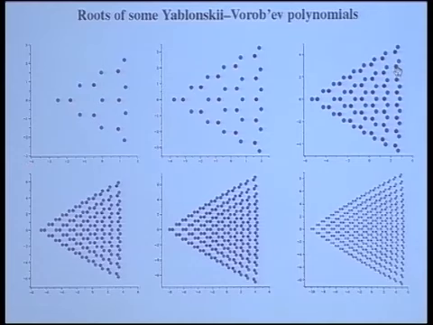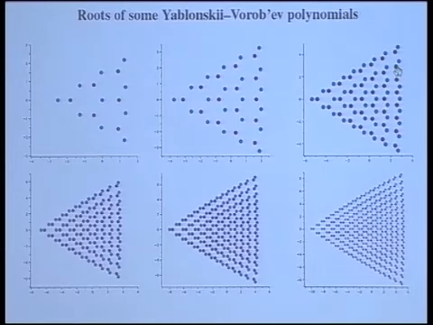The red are, say, Qn minus 1, and the blue are Qn. And it increases as n increases. And you can see they maintain this very regular triangular type structure. Now they are not actually triangles, because if you look carefully at the values of the roots, they're actually on an arc. They're not actually on a straight line.